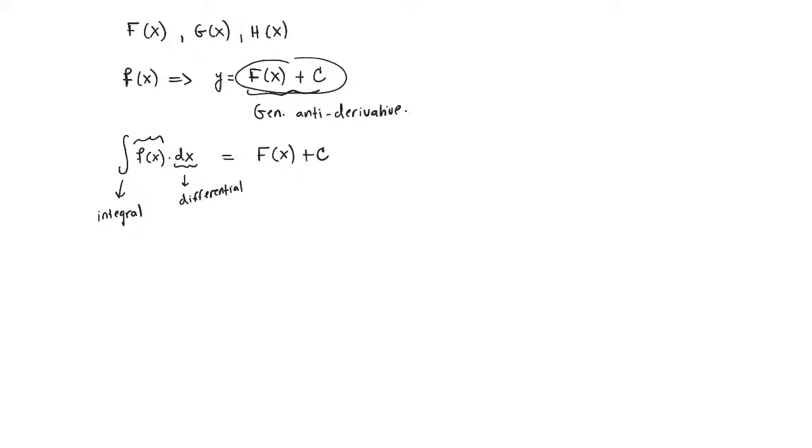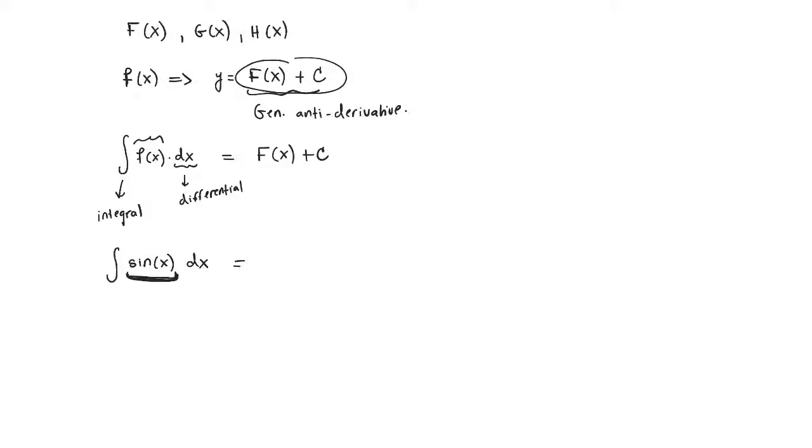So whenever we give you, let's say, the integral of sine x dx, all that I'm asking you here is to find the general antiderivative of sine x. Find the function such that when you differentiate it, you get sine.